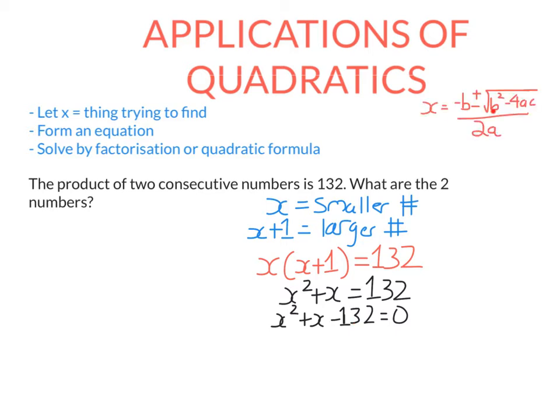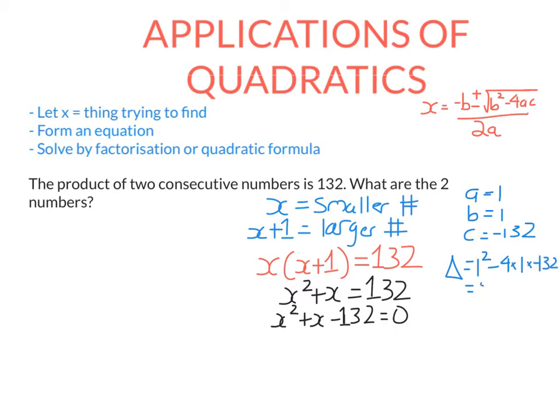I've written the quadratic formula up here for you. Remember, a is the number in front of x squared, so in this case a is 1. b is the number in front of x, which is also 1. And c is the constant term. We first calculate the discriminant, which is b squared minus 4 times a times c.